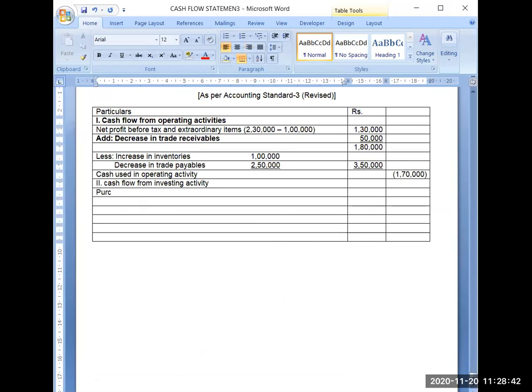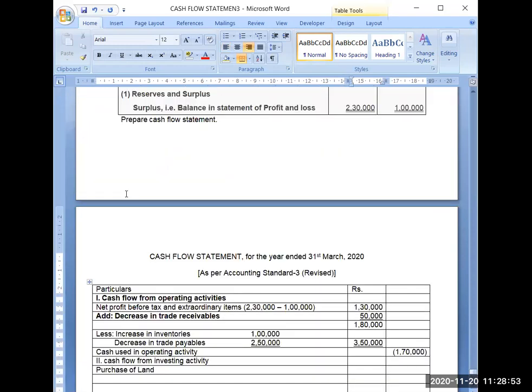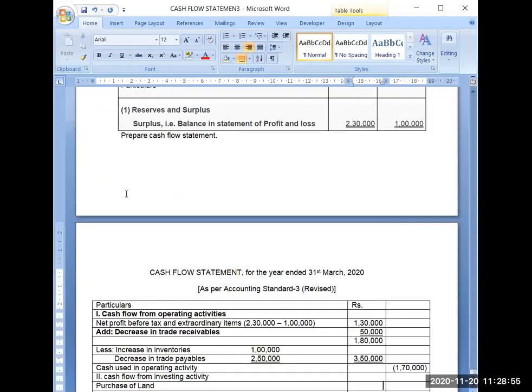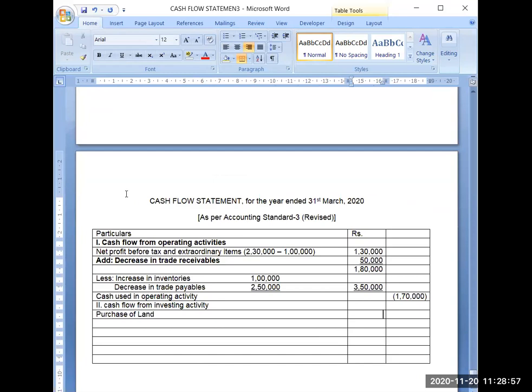So, purchase of land, and because it will reduce my cash and cash equivalents, that's why it will be an outflow, and the amount is 1,60,000.